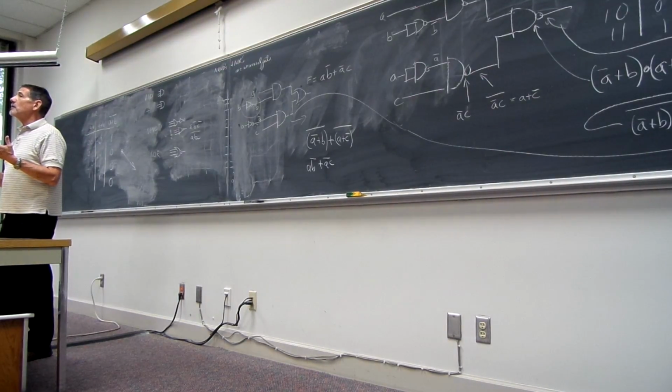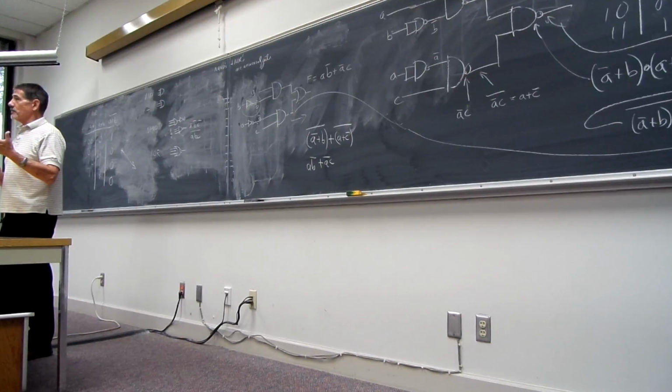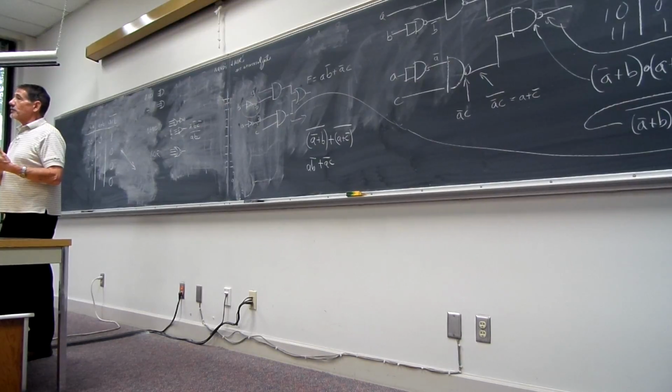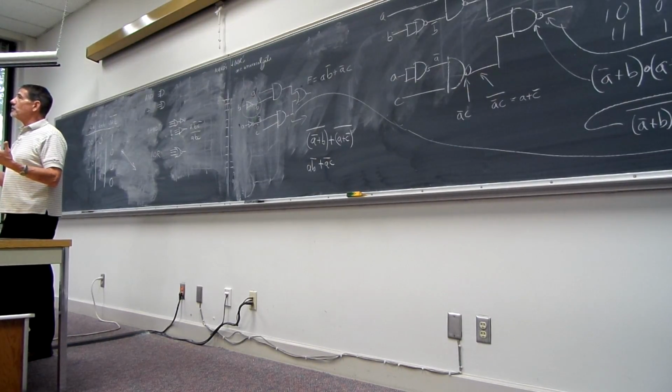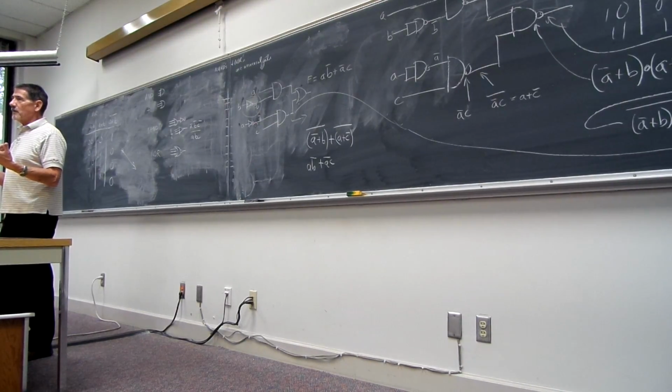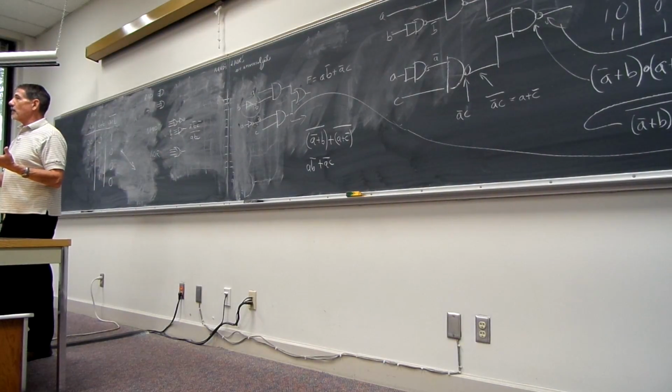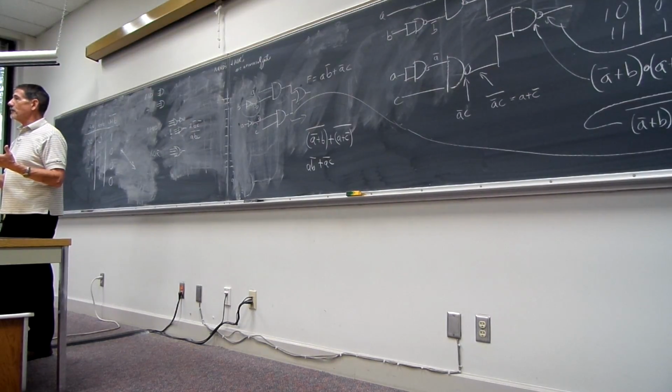What do you suppose you could implement with NOR gates? I told you that the NOR and the NANDs are the universal type gates. What kind of a function do you suppose you could implement with NOR gates? I haven't gone through it yet, but you could take any particular function, and just like we can make a minimum sum of products, we can make a minimum product of sums solution for it.